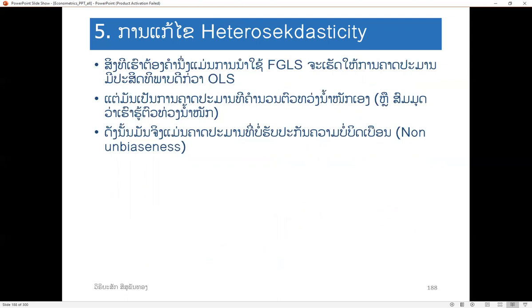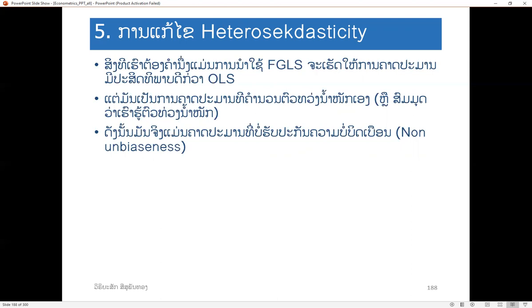The good part is that FGLS is usually more efficient, meaning it has smaller variance than OLS. However, because we manipulate the data, it is no longer unbiased, so the result may differ in terms of consistency. It is a balance: if we use the robust standard error, we get consistency, but if we use FGLS, we get efficiency.